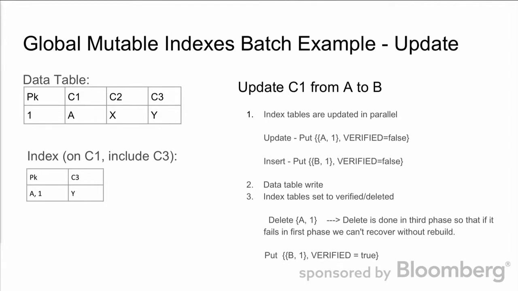We update the data table in the second step, and in the third step, we delete the A, 1 row, and we update the B, 1 verified value to true. So why does the delete happen on step 3? Because if we did it in phase 1 and removed it from the index, and the data table update failed somehow, then we would have an out of sync index. That's why deletes are pushed to step 3.